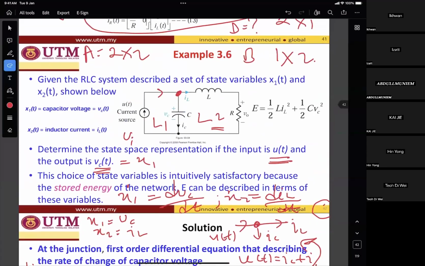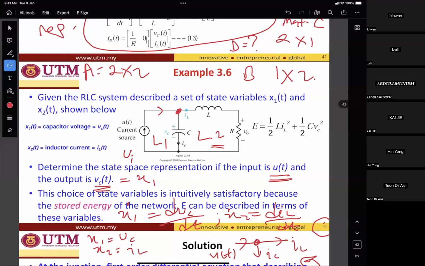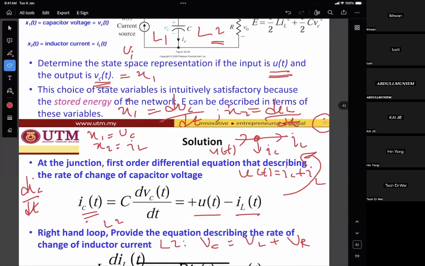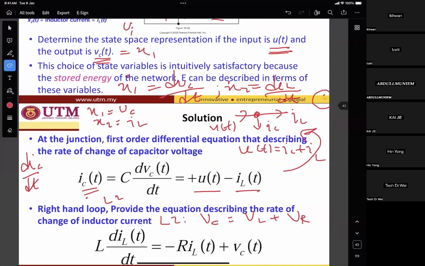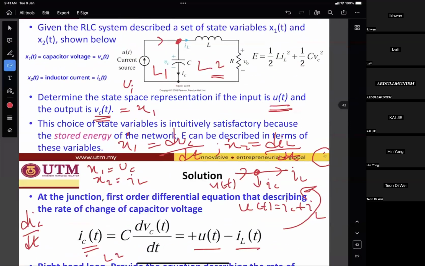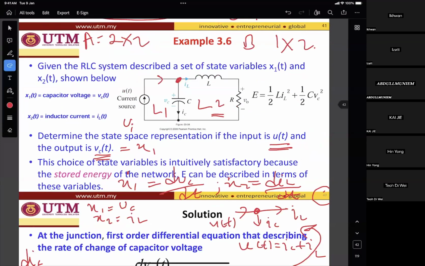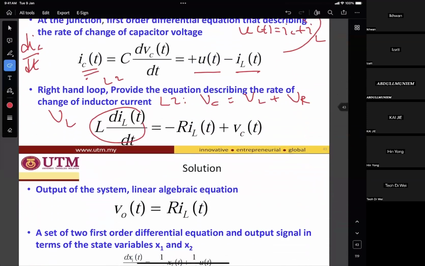So VL will become the subject of the formula, equal to minus IL R plus VC. The current flowing through L is equal to the current flowing through R, plus VC.